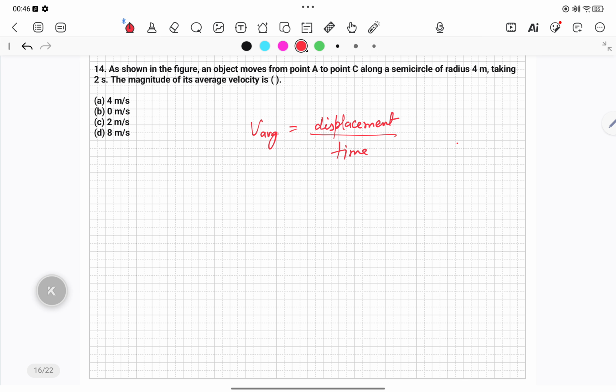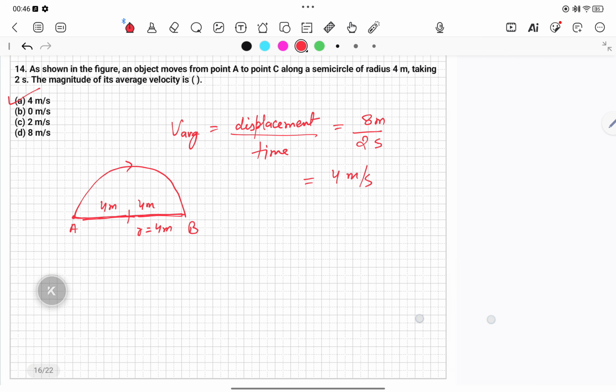Since the object is moving in a semicircular path, suppose from point A to B, and the radius is given as 4 meter. Displacement is the shortest path, so the shortest path will be AB. So it will become 4 meter plus 4 meter, that is 8 meter. So displacement will be 8 meter and time is given as 2 seconds. So it will become 4 meter per second. So its average velocity will be 4 meter per second, that is option A is correct.